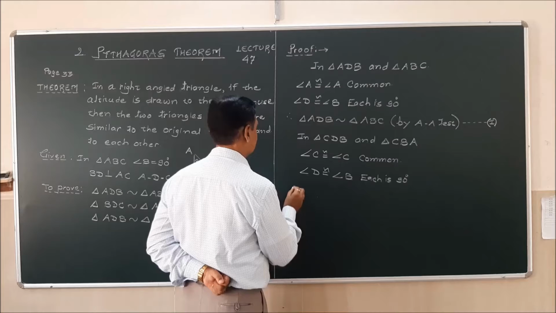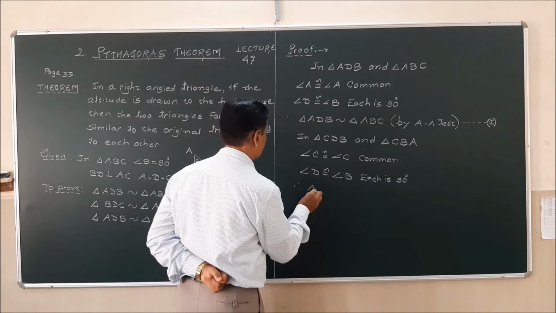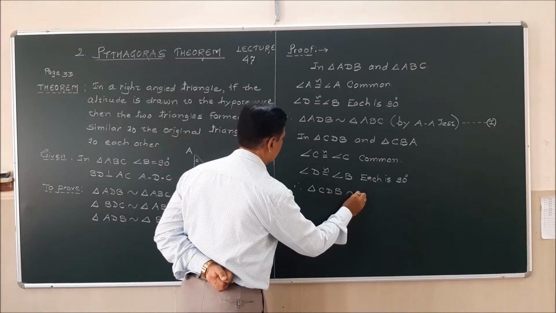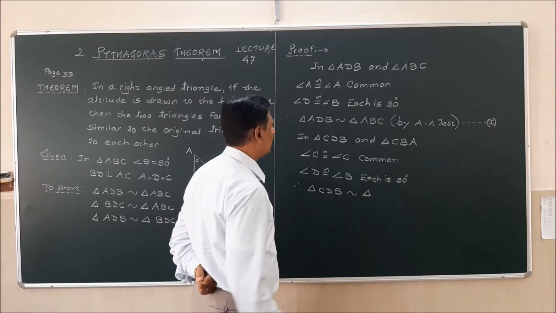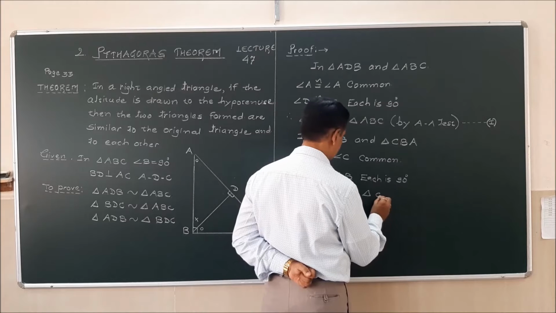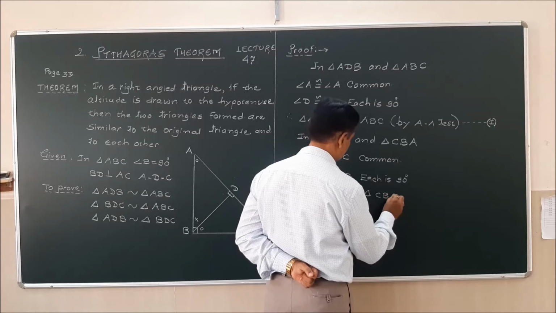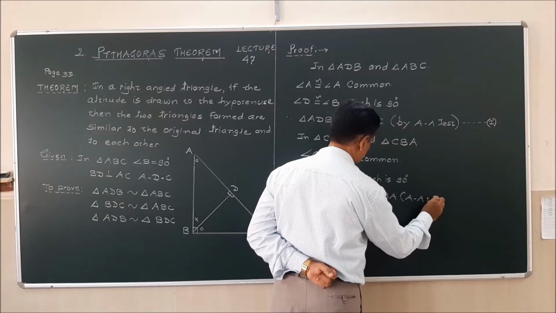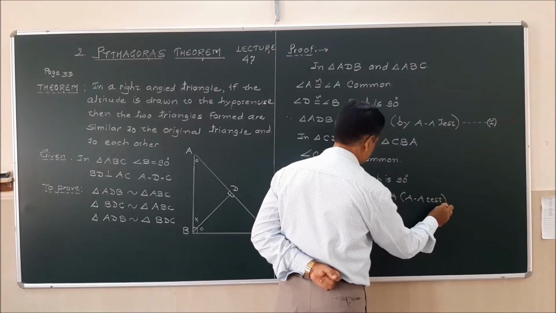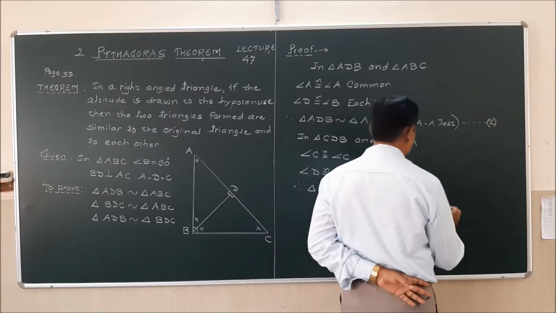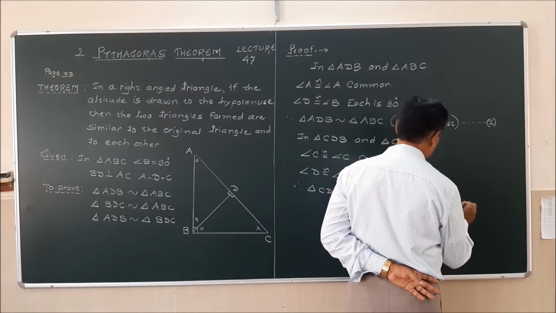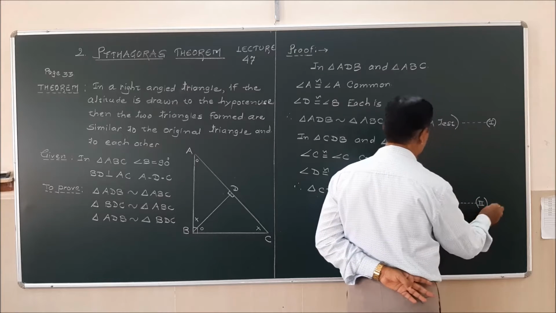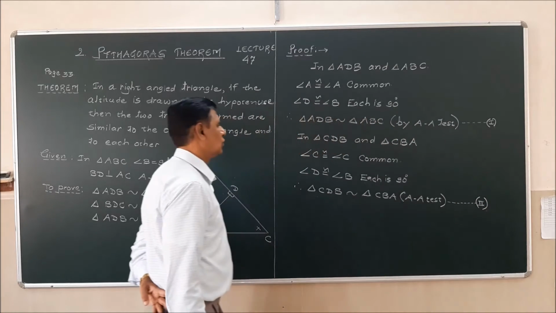Therefore, we will get triangle CDB similar to triangle CBA by AA test. So this is our result number 2.